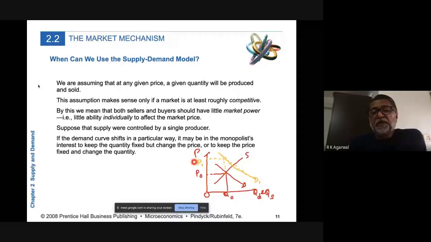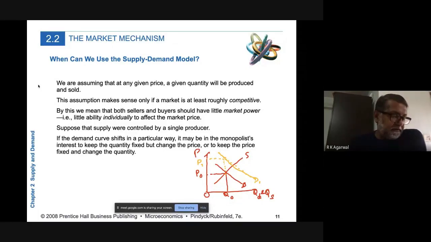Or to keep the price fixed and change the quantity. What does that mean? So let me try to show that. Okay, so this is the original one.